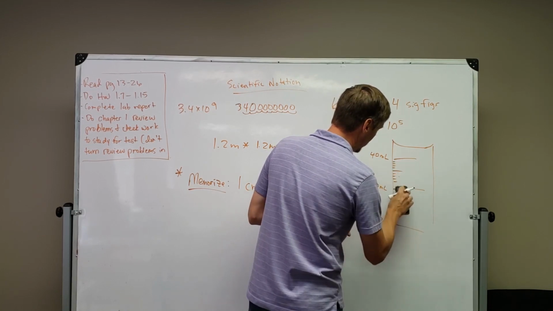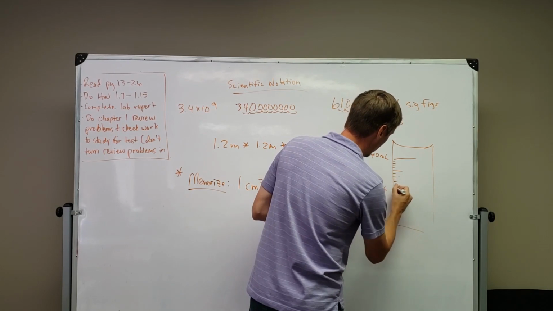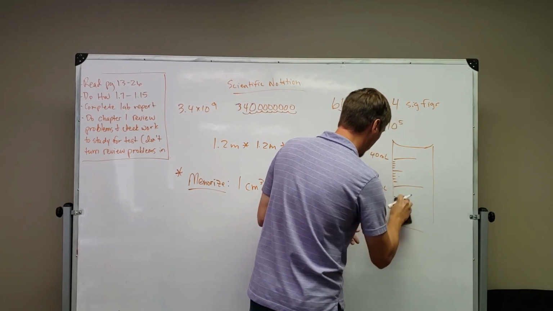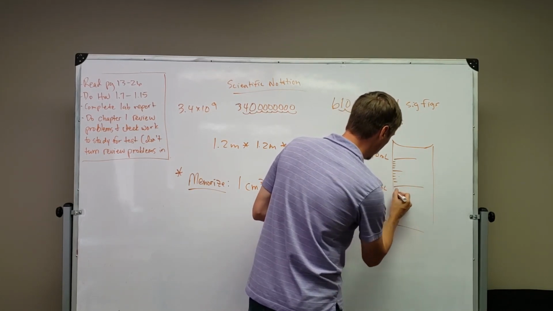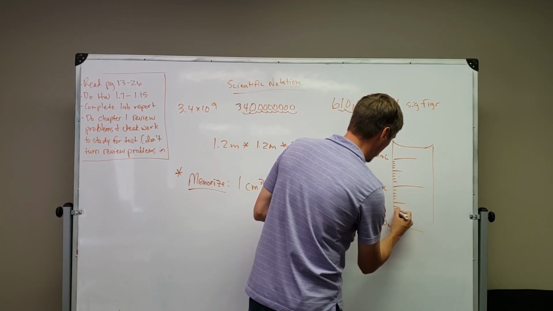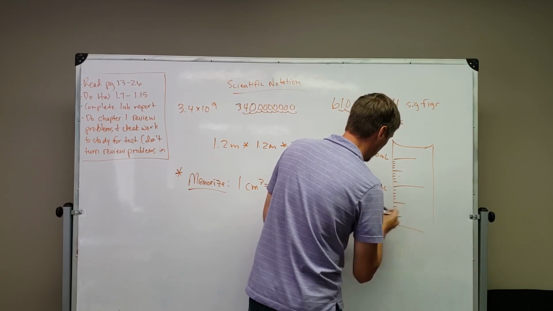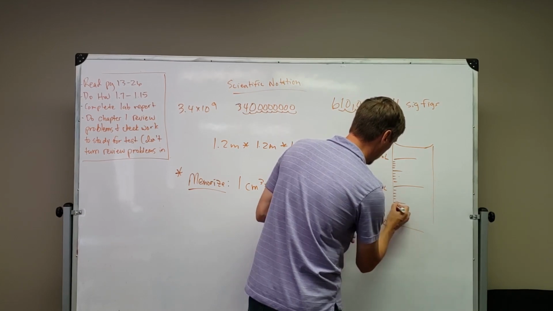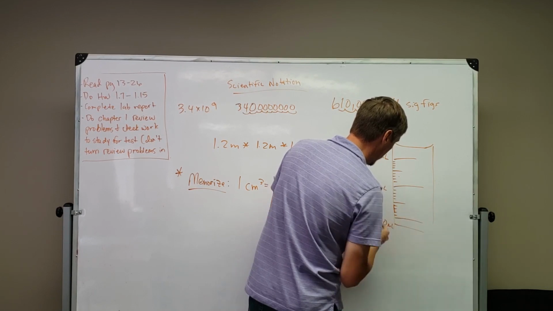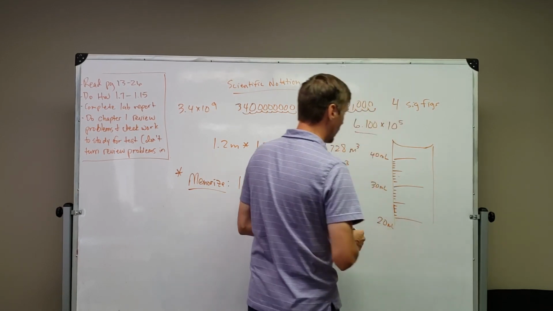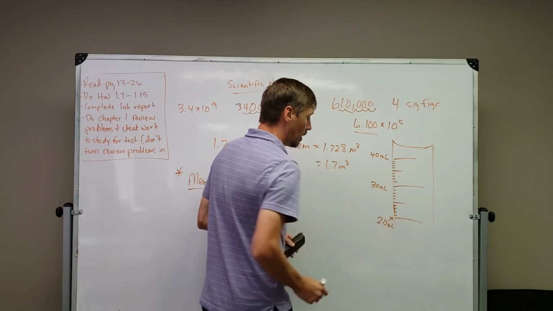That is not drawn accurately. It's a nice thing about these whiteboards, you can do stuff like this. And I'll draw my 20 milliliter line there. Okay, so this is actually 20 milliliters.